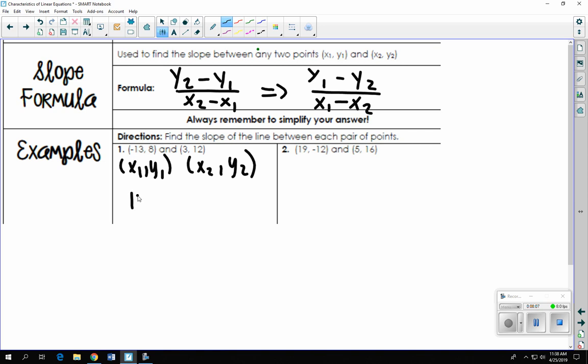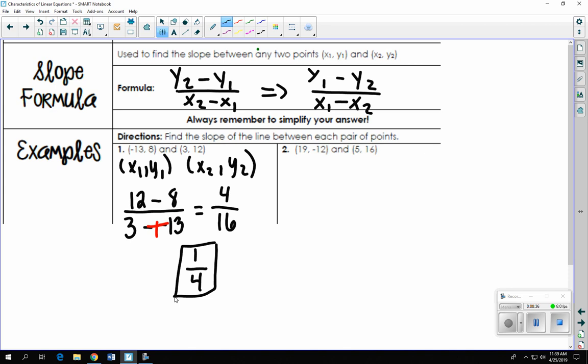So I'm going to have 12 minus 8 divided by 3 minus a negative 13. So because I do have 2 negatives, it changes to a positive. 12 minus 8 will give me my 4. And 3 plus 13 gives me 16. 4 over 16 is not my final answer because it can be simplified. I will divide them both by 4 to get a final answer of 1/4.